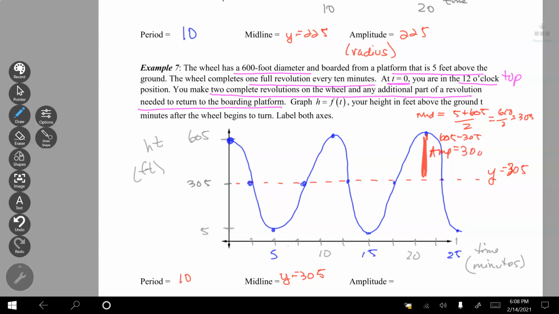My amplitude is 300, but we knew that because the radius is also equal to 300. And there we go. You can see this amplitude is equal to 300 either way. My period from this dot to this dot is equal to 10. And those are our details for this graph for this different type of Ferris wheel. Thank you.